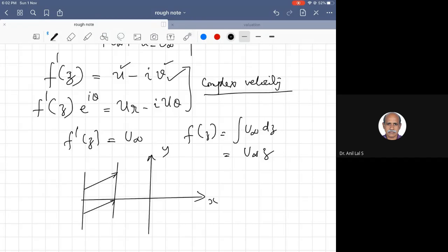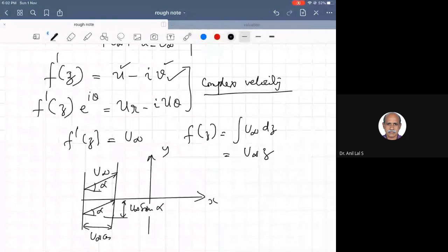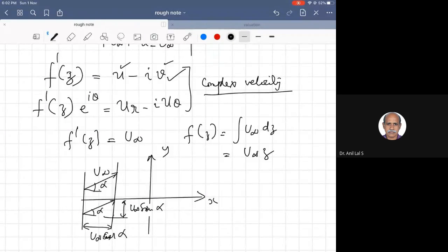This is inclined, with the same magnitude u infinity but inclined. It will have a horizontal component u infinity cos theta, and the vertical component is u infinity sin theta. Let me change this theta to some alpha, so the components are u infinity cos alpha, which is small u, and u infinity sin alpha, which is small v.